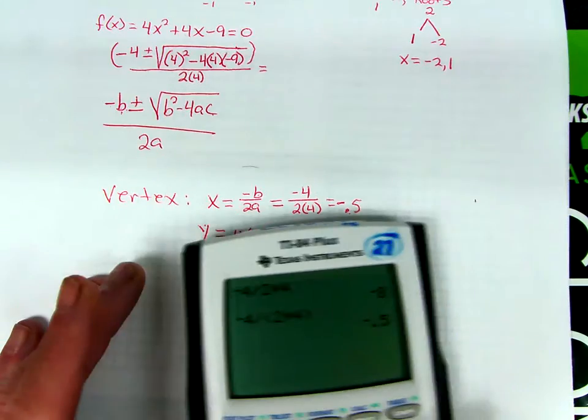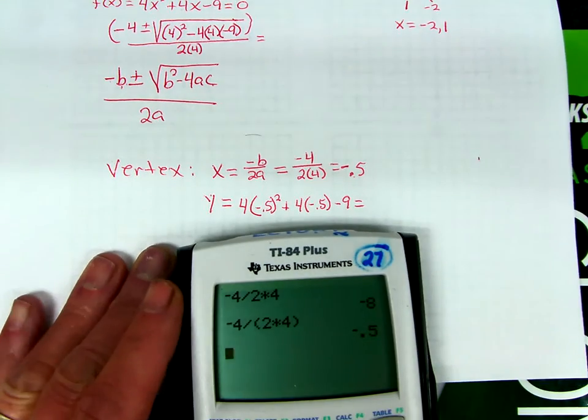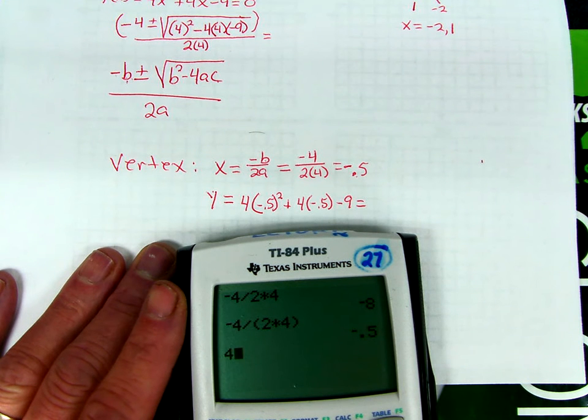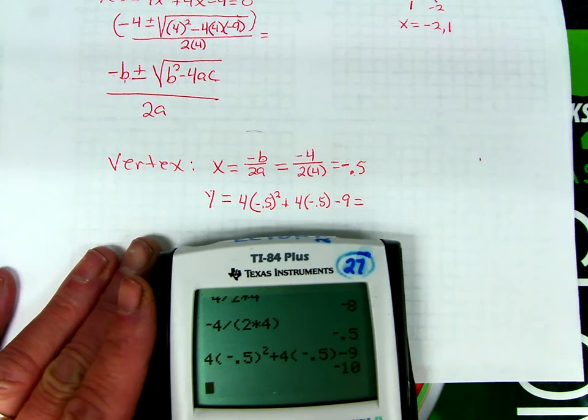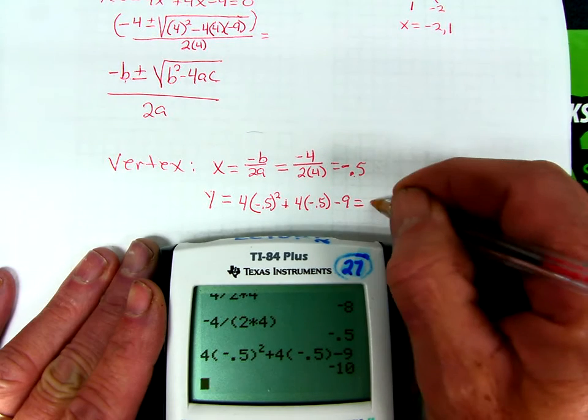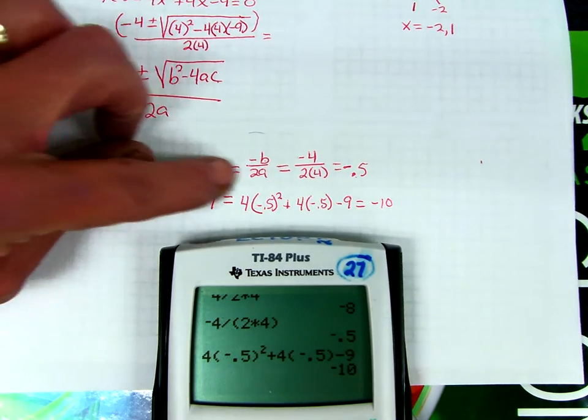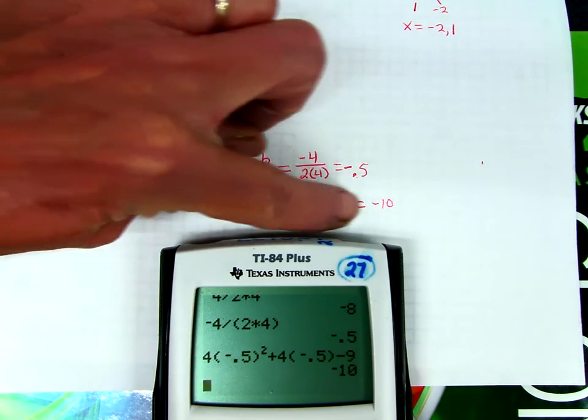Now I have something I can type in the calculator, so here we go. 4 times negative 0.5 squared plus 4 times negative 0.5 minus 9, enter, equals negative 10. Here's an x, here's a y.